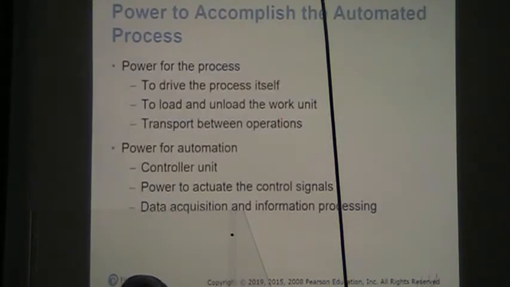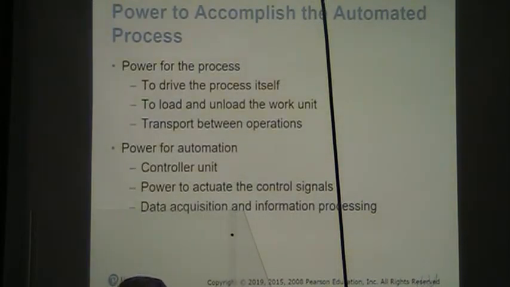All right, so the power that we have for the automated process, first of all, there's the power for the process. It drives the process, loads and unloads the work unit, and provides transportation between operations. Now, the power doesn't necessarily have to do anything except drive the process.